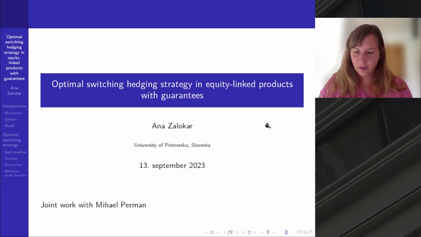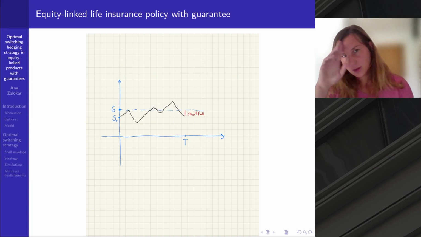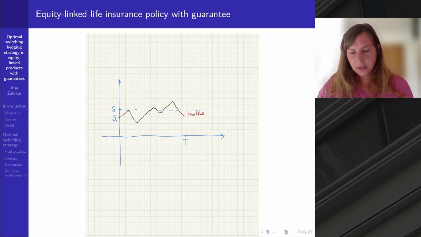We will talk now in the next 20 minutes about equity-linked life insurance policy. So we have an equity-linked life insurance policy with guarantee. This means we have a product which is linked with the equity. This can be a stock or a mutual fund.